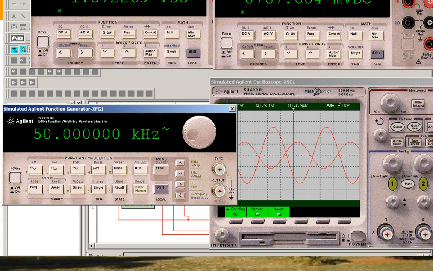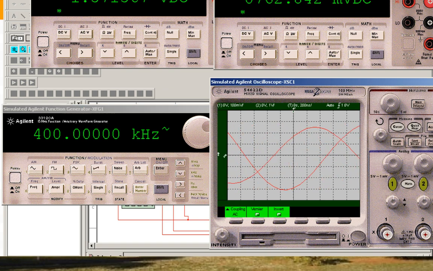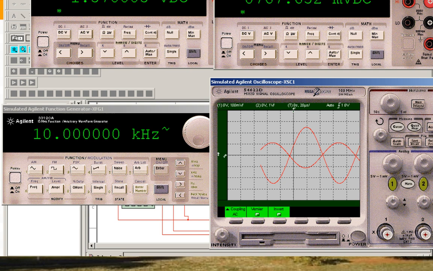But I think when I went up to 300 kilohertz, the phase is moving a little bit. I think the gain changed too. Is it going up?